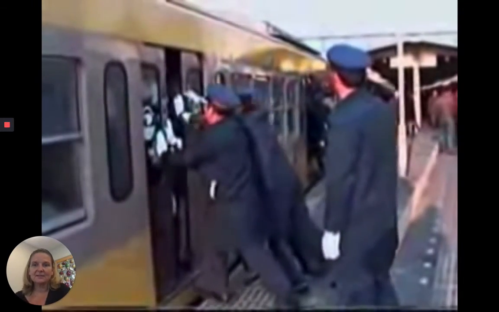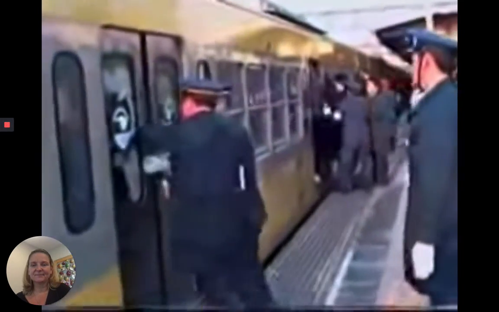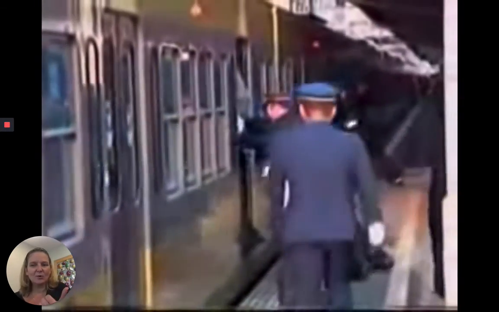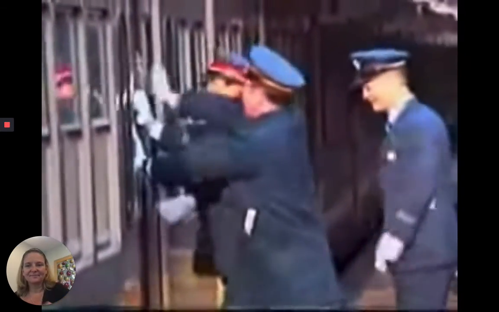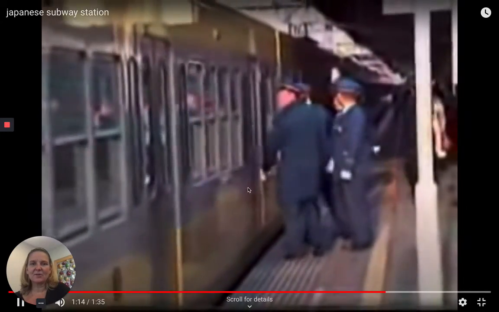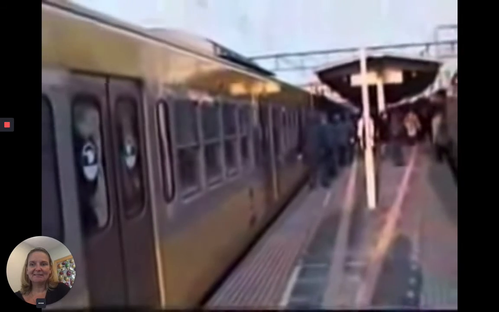Look at that. Oh, I don't understand what happens if you need to get out and you're in the middle. How do you get out? All right, off the subway goes. These people just shoved inside.